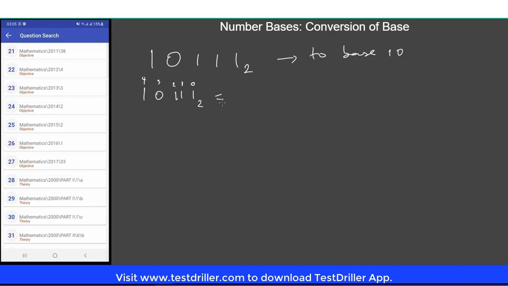Then the next is to perform this operation. So you take this first number, which is 1, then you multiply by the base, raised to the power of the place number, the position of that number. The position is 4, right?